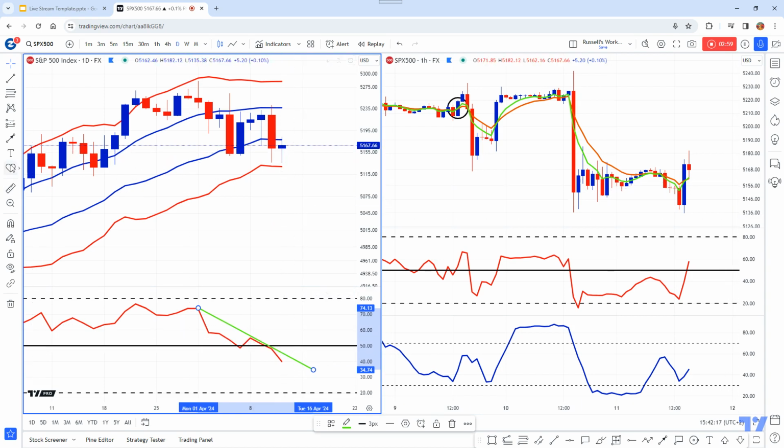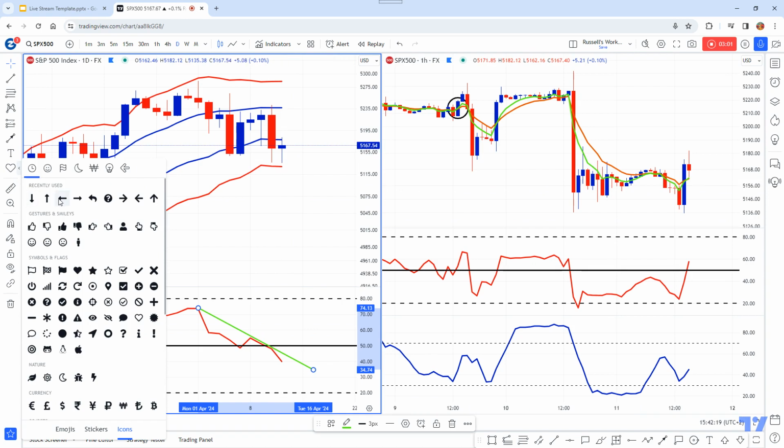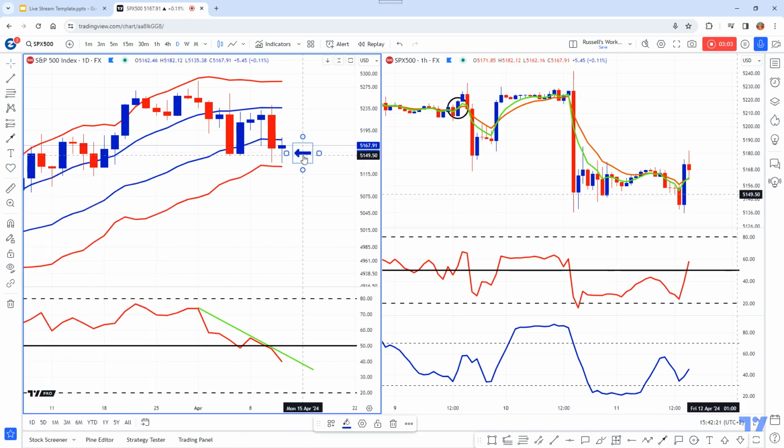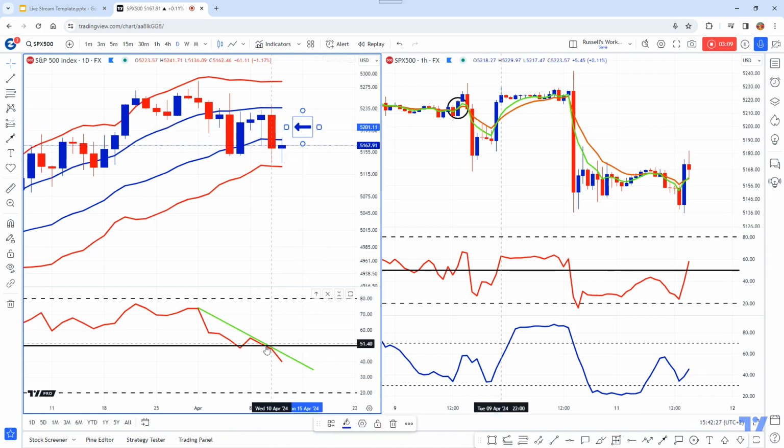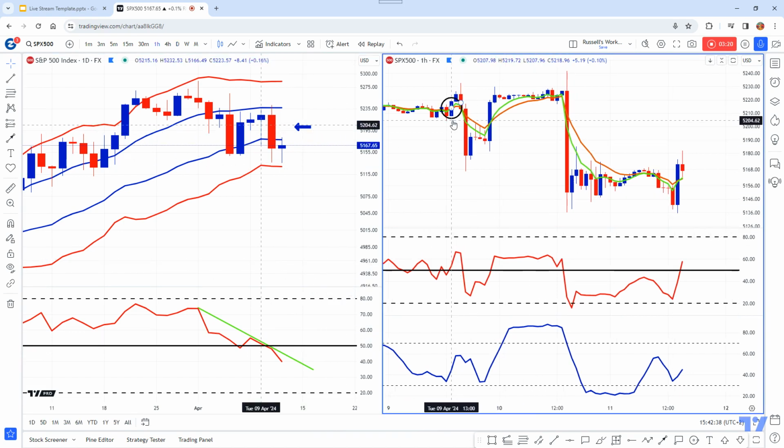So we want to see, let's just put in an arrow here, a movement from zone 3 into zone 2. So that would be relative strength. And then we'd need to see the RSI pick up, take out the down sloping trend line and reclaim that 50.